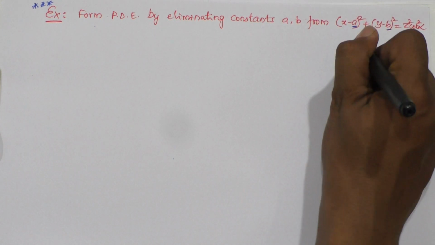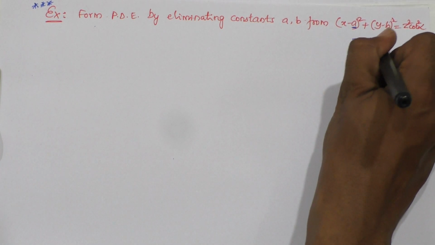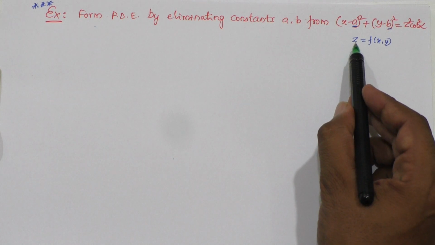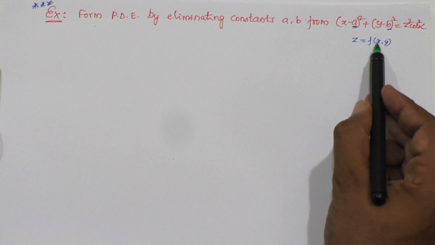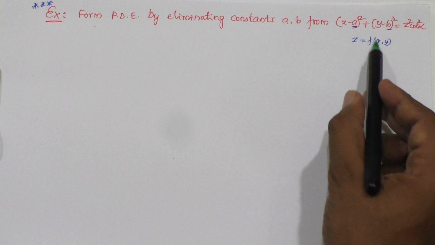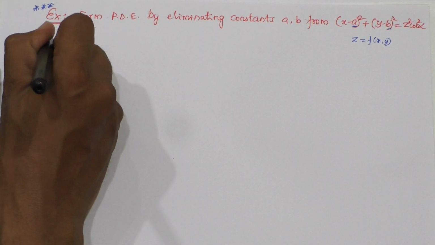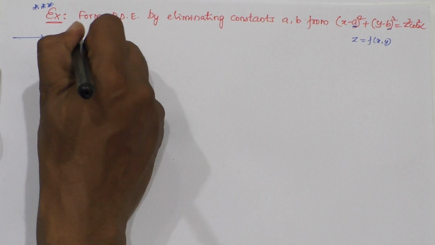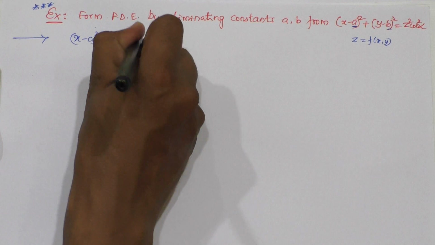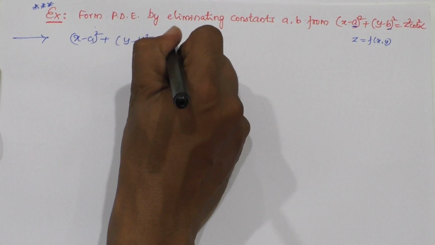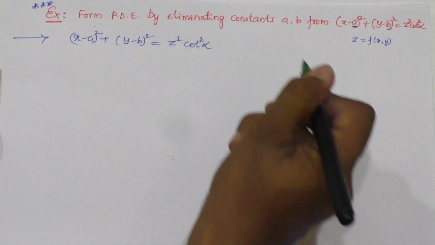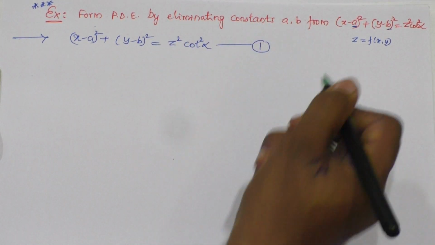We know z is a function of x and y, z is dependent on x and y. So go for partial differentiation with respect to x and with respect to y, that is dou z by dou x and dou z by dou y. Let us consider the given equation, x minus a whole square plus y minus b whole square equal to z square cot square alpha. Take this as equation number 1.